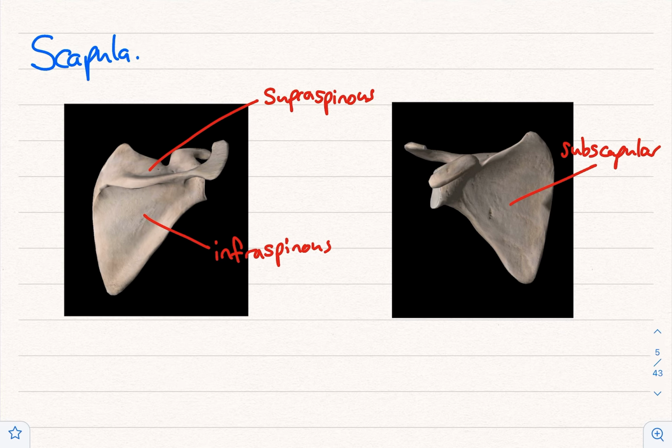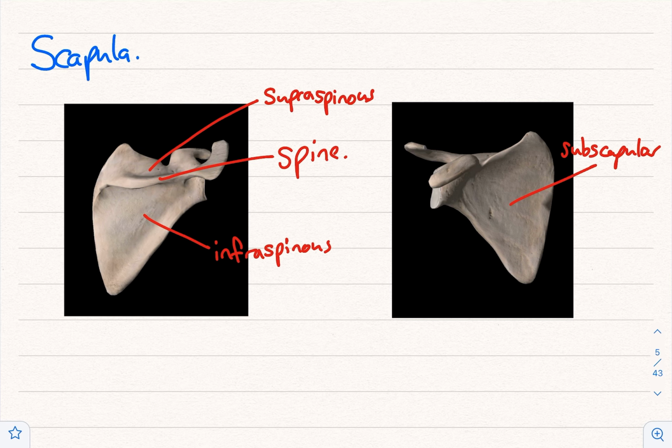And the reason why it's supra and infraspinous is because of this thing here called the spine of the scapula. So if you feel on your back, straight across, you can feel the spine of your scapula. And then you just know below that will be infraspinous and above that will be supraspinous. You're not just feeling holes, obviously, it feels not as hard as bone above or below there. That's because the muscles sit there. Again, we'll get into that later.